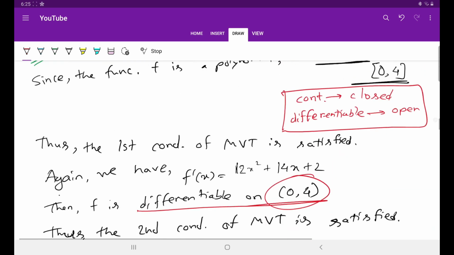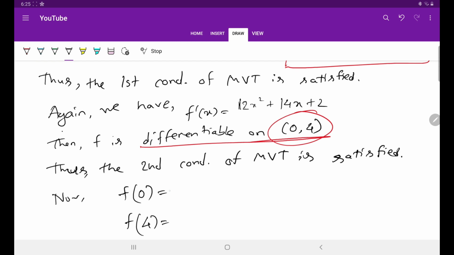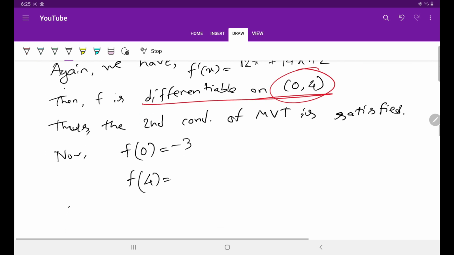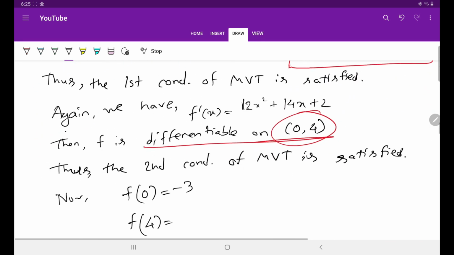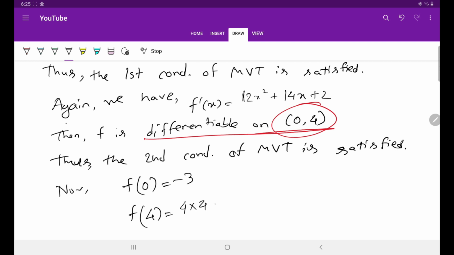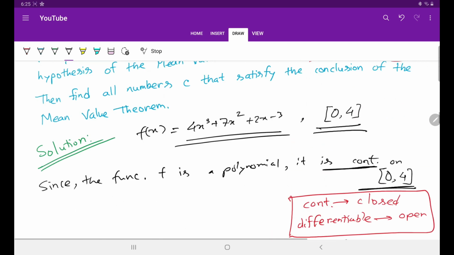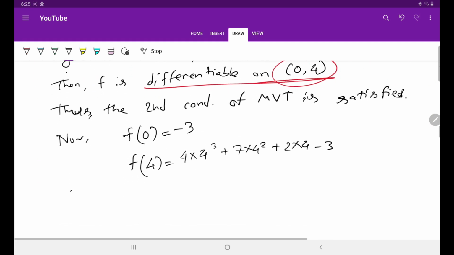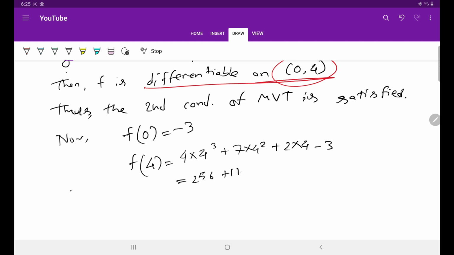If we put 0 here, this is minus 3. And what about this one? So 4 times 4 cubed plus 7 times 4 squared plus 2 times 4 minus 3. Then 256 plus 112 plus 8 minus 3, that is 373.